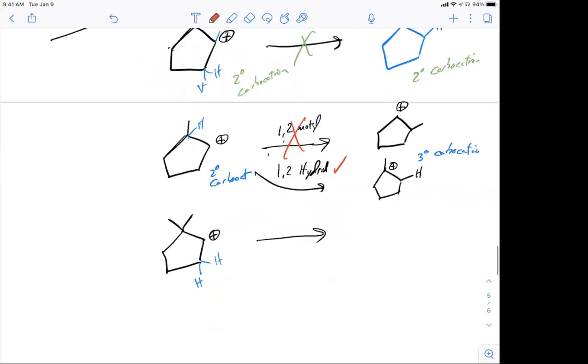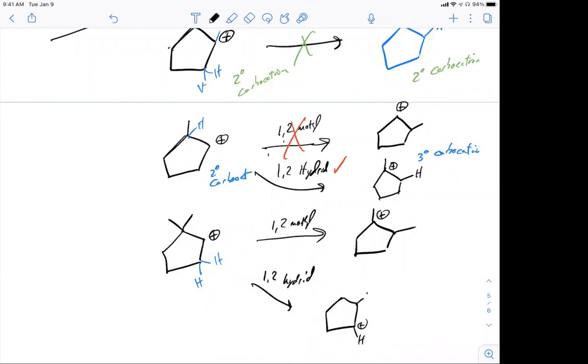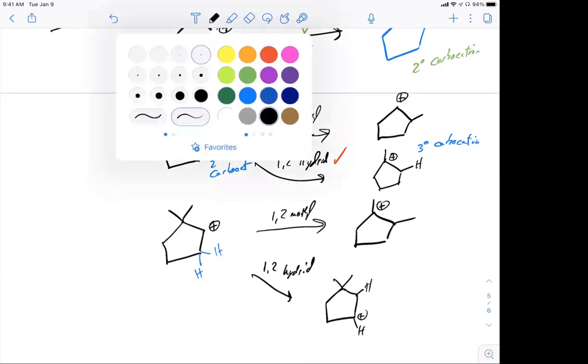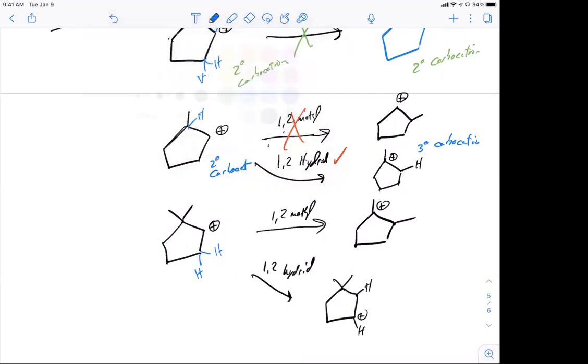In the last one, again, let's do both examples, right? So here's a 1,2 methyl shift, and here's a 1,2 hydride shift. So if we do the methyl shift, if we do the hydride shift, right, so we have the 1,2 methyl shift, 1,2 hydride shift.